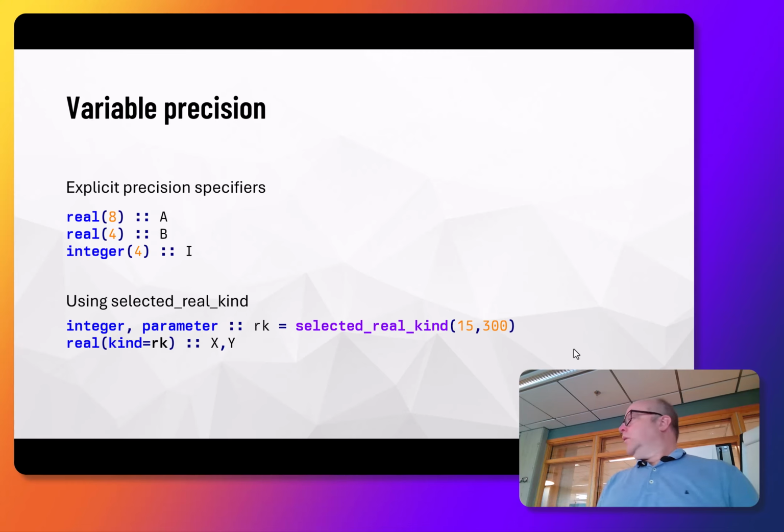But if I don't give any precision, will it be the same on all platforms, or will I see variations? Yeah, so for example, you can give a real without a specific precision specifier. Then it's system dependent which data type you will get. But in the Fortran standard, you will get the smallest one.